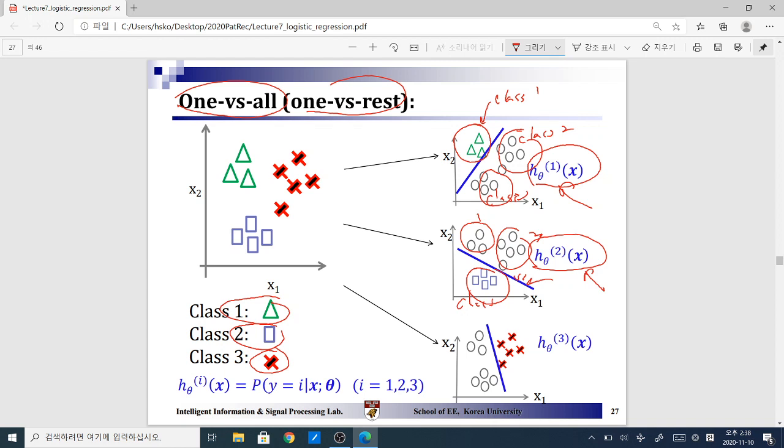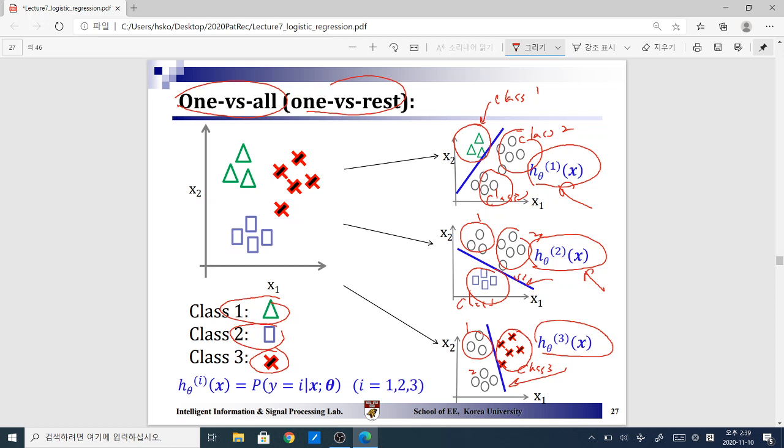And further, we do the same for, let's say, class 3, the red class, versus all, which is class 1 and class 2. So we then come up with, yet again, a hypothesis function that would establish this decision hyperplane.